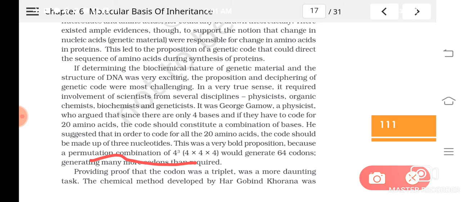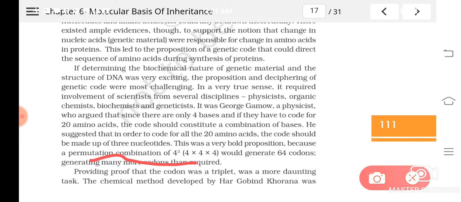I told you that the information in the DNA is first transcribed to RNA. DNA cannot directly come out of the nucleus and direct the synthesis of proteins. So it has to make an RNA molecule, and in the RNA molecule there will be nucleotide sequences.